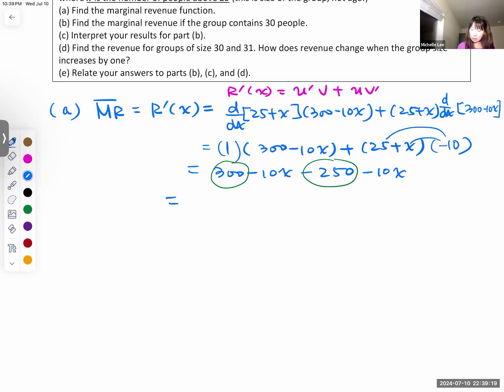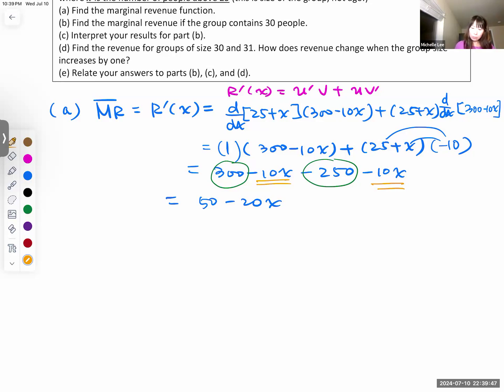We have 50 minus 20x, yeah. Okay, that's the marginal revenue, basically. Okay, now the second part, find the marginal revenue if the group contains 30 people.